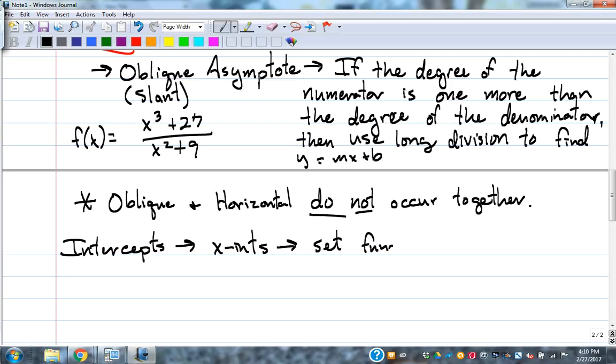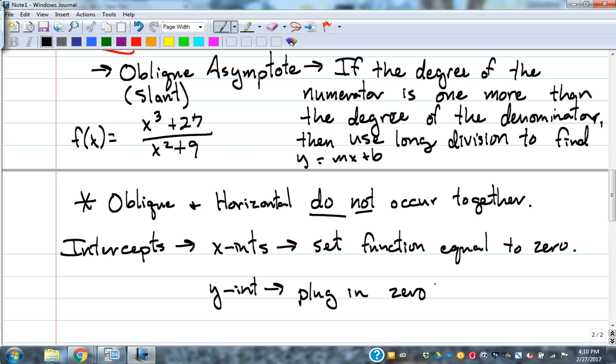That function equal to 0. Y-intercepts, or Y-intercept for each one, we plug in 0 for X. So Y-intercepts are plugging in 0 for X into the original function.